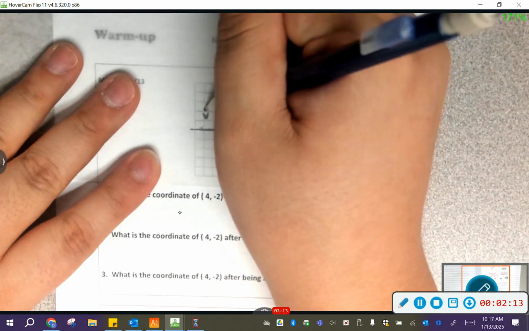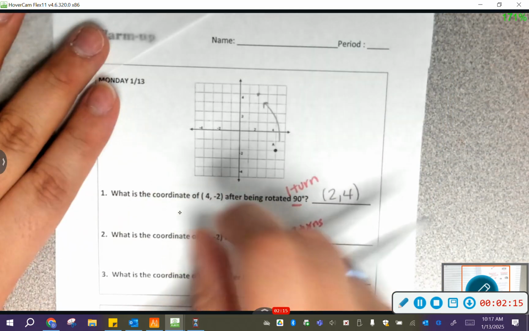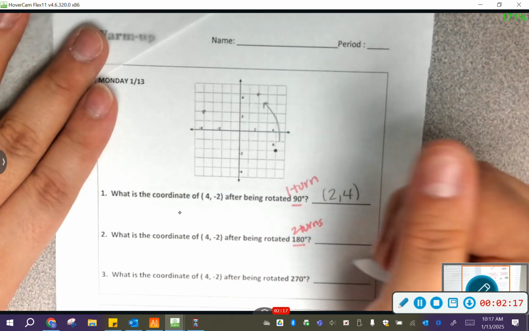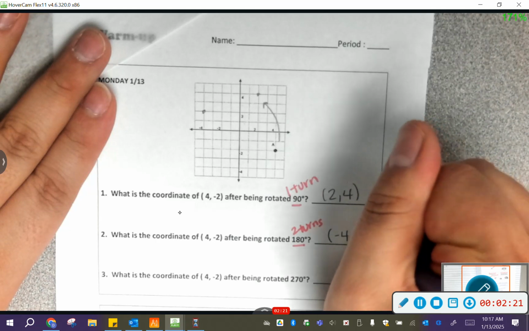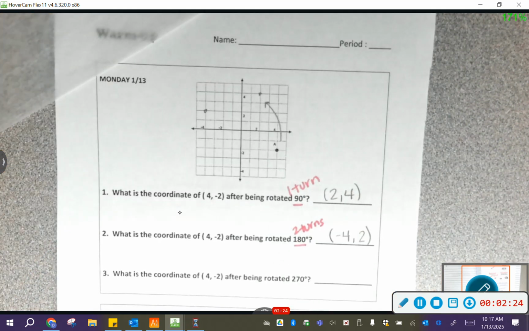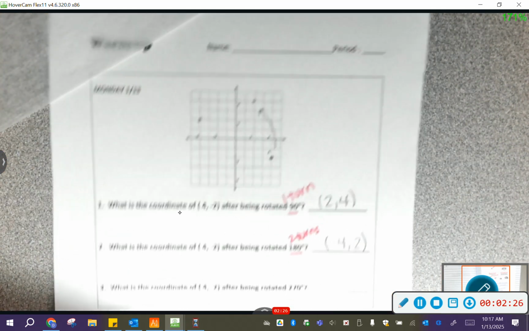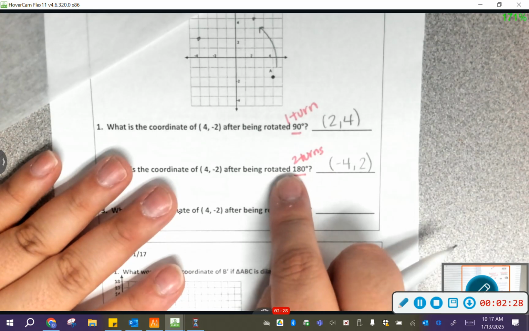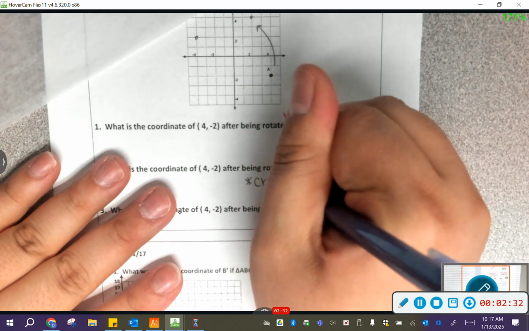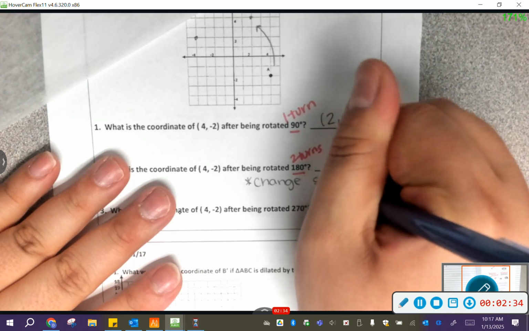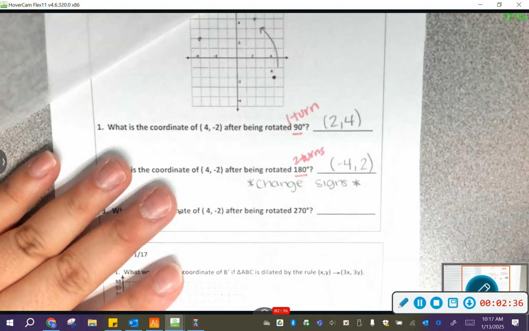Your point is upside down. And what did you say my answer was? -4. What did you say about the points? What do you mean by that? With 180 degrees, every single time, your numbers will change signs. Every time.